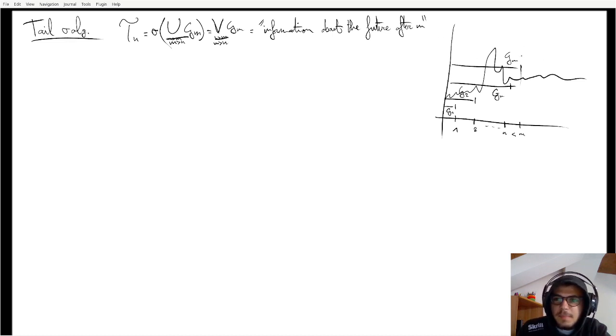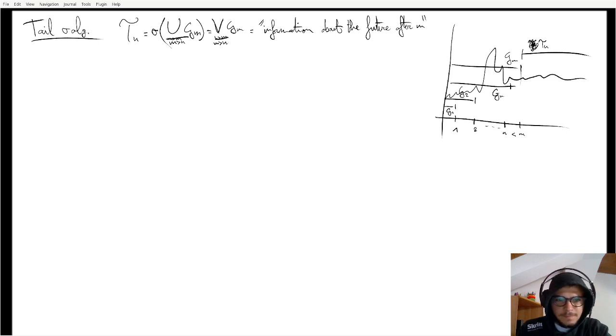So basically this thing here is T_n, which is the sigma algebra generated by all times after n.